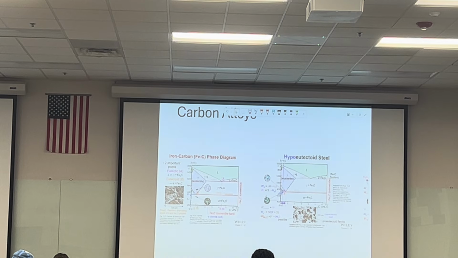You understand what I said, right? Before you enter this region, you have some alpha phase here. Those are pro-eutectoid, and the remaining is going to turn into a lamellar structure.